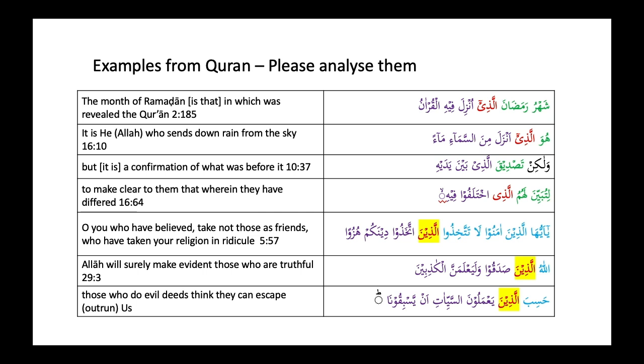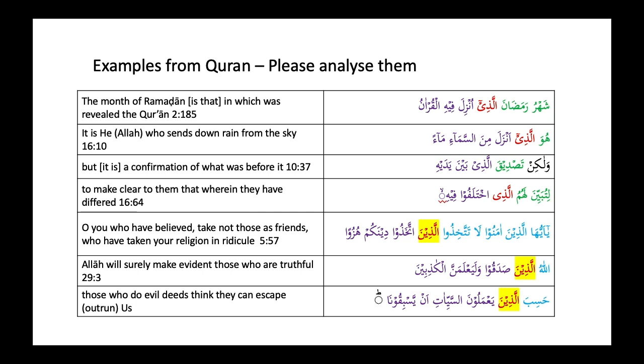Wa layalamannal lahul lazina sadaqu wa layalamannal kadhibin. Allah will surely make evident those who are truthful. Please look at the meaning of this ayah. And you can see allazina is not pointing to Allah as the subject or antecedent.